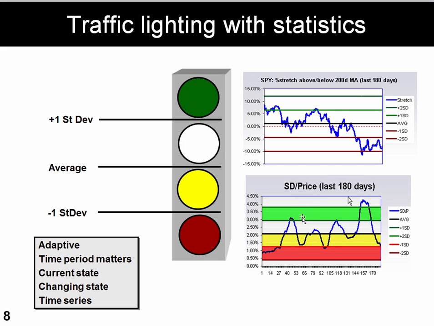So you can see in this example here, I'm looking at standard deviation divided by price to get a measure of volatility, and then over the last 180 days for SPY, that's what that time series looked like. And so most of the data, 2/3 of it, can be found in white and yellow, and only a small percentage out here in the green and the red, 1/6 and 1/6. And you can see what an extraordinary amount of volatility this was.